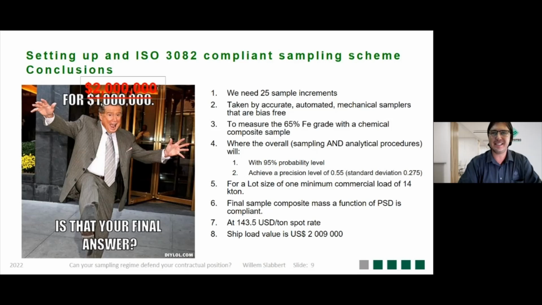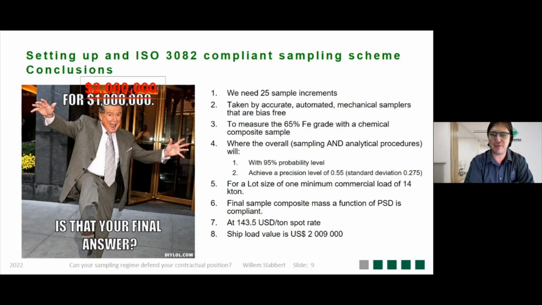To measure the 65% Fe grade with our composite sample at a 95% probability level and to achieve a precision level of 0.55 for a lot size of 14 kilotons, while assuming that our final composite mass is a function of particle size distribution, and in this case designed to be parallel compliant, we may have an ISO compliant sampling regime on iron ore elemental grade.